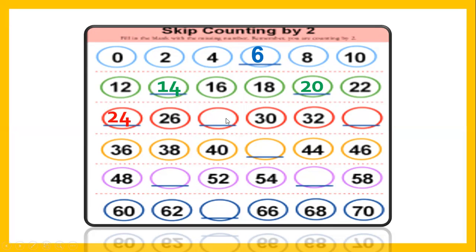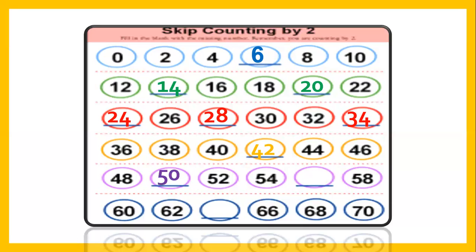24, 26. Missing number 28, 30, 32, 34, 36, 38, 40. What is the missing number? 42, 44, 46, 48. Next to 48 is 50.